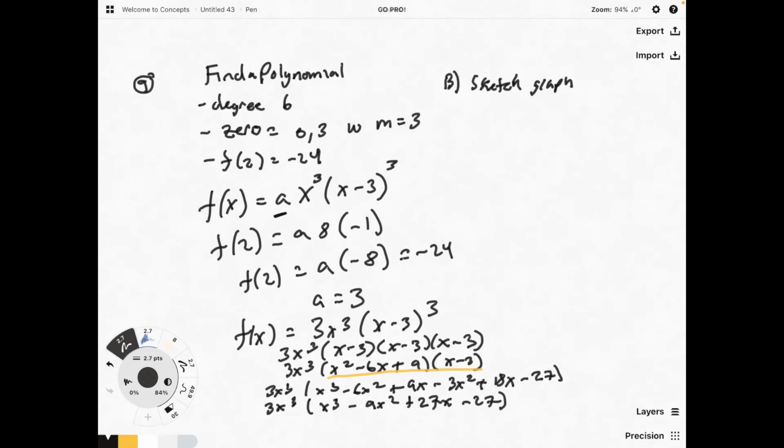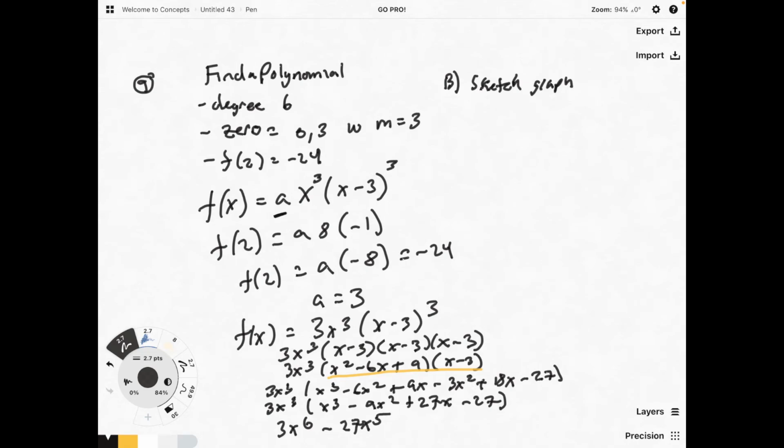So 3x cubed multiplied by x cubed is going to give us 3x to the 6th, which matches that 6th degree polynomial we have up there. And then we have negative 9x squared multiplied by 3x cubed, which is going to give us negative 27x to the 5th.